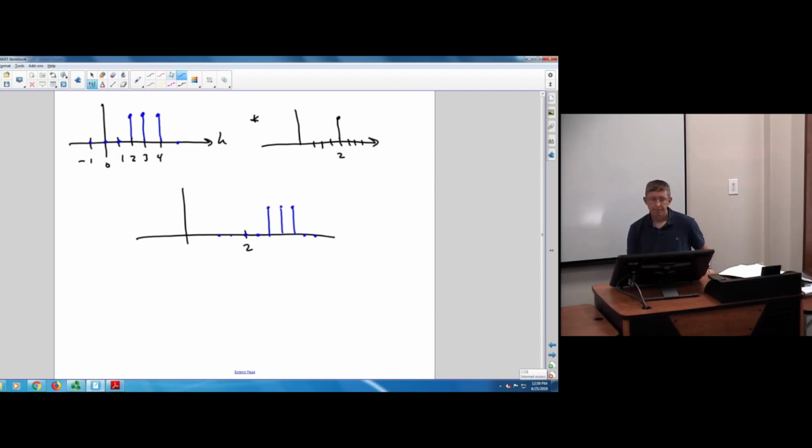Everybody good with that? So actually where this is centered up now is at 2, 3, 4, 5, 6, 7, right? Well, I drew my origin in the wrong spot, obviously. Let me erase that.